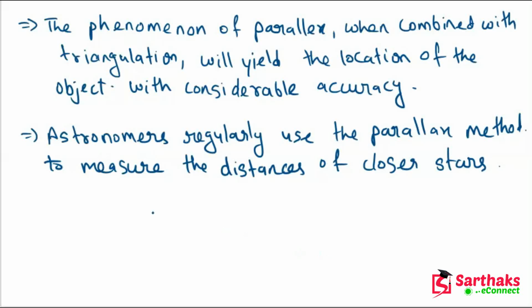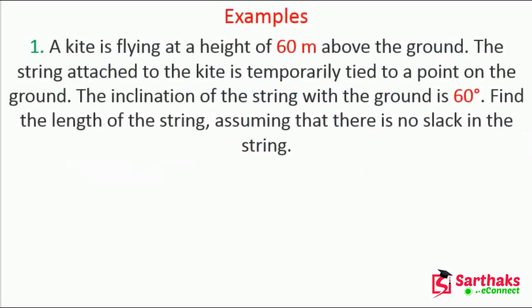Now let's do some examples. The question is, a kite is flying at a height of 60 meters above the ground. The string attached to the kite is temporarily tied to a point on the ground.